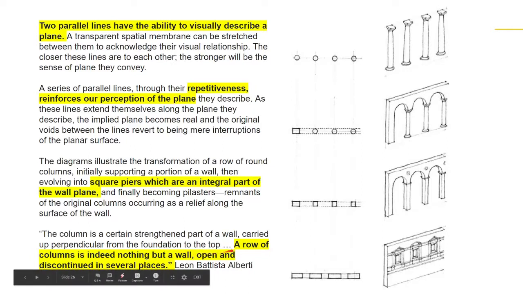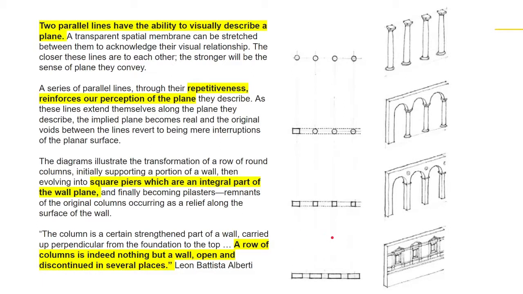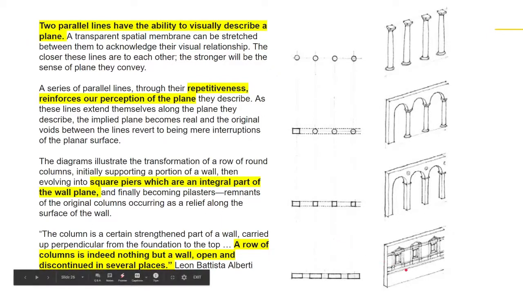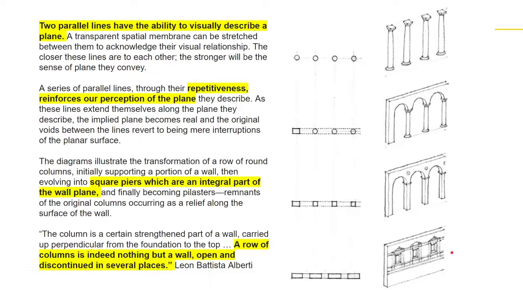So the column is a certain strengthened part of the wall carried up perpendicular from the foundation to a top. A row of columns is indeed nothing but a wall, open and discontinued in several places. One example: whenever you're doing construction, a column is basically the supporting structure to your wall.